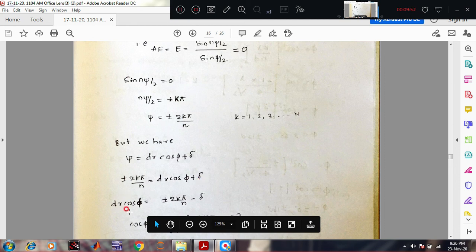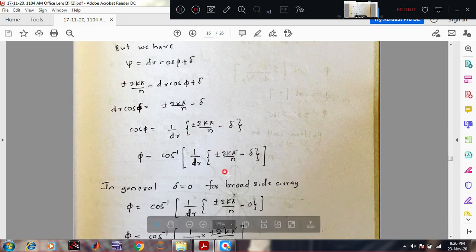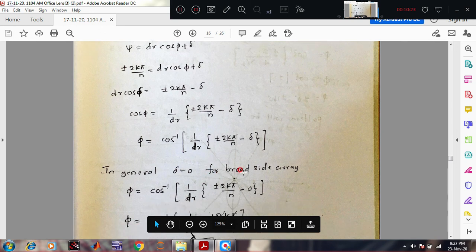Therefore dr cos φ is equal to plus or minus 2kπ/n minus δ, right? So cos φ is equal to (1/dr)(plus or minus 2kπ/n minus δ). Therefore φ is equal to cos inverse of (1/dr)(plus or minus 2kπ/n minus δ). In general, δ is 0 for a broadside array.